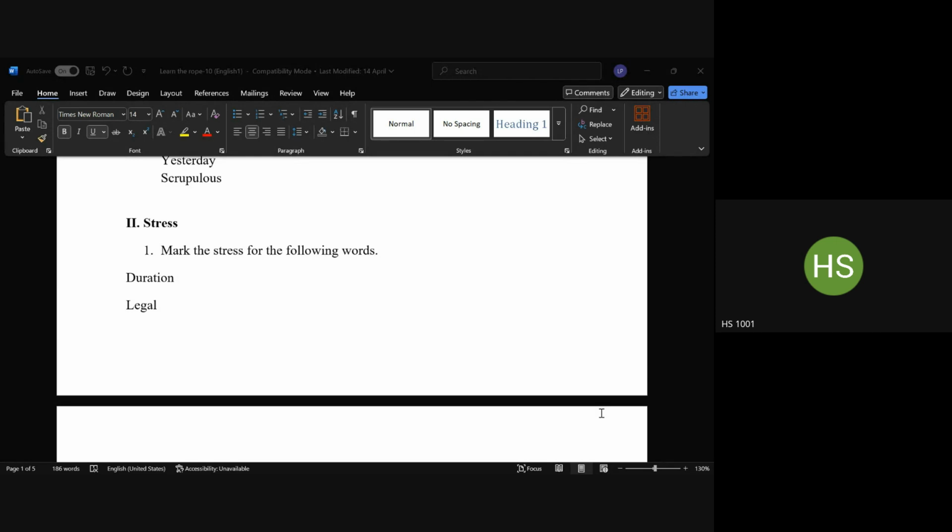The stress on object is different when it's functionally different in its use. So when you use object as a noun in a sentence, then obviously any noun we know is stressed on the first syllable. Object has two syllables. It's a disyllabic word. When used as a noun, the first syllable in object is stressed.